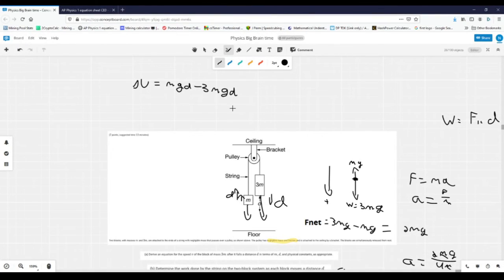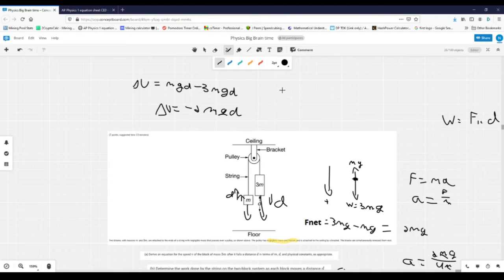All right. Yeah. So then overall, the change in potential is equal to negative 4mgd. Wouldn't it be negative 2? Or negative 2, my bad. Negative 2mgd.